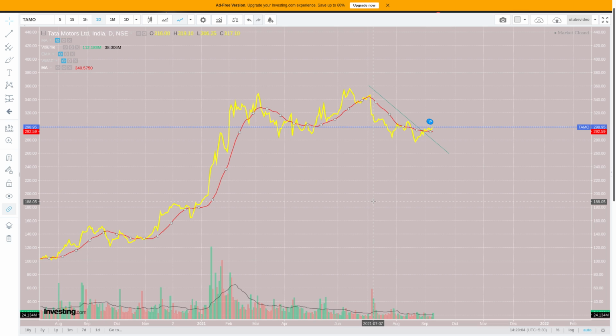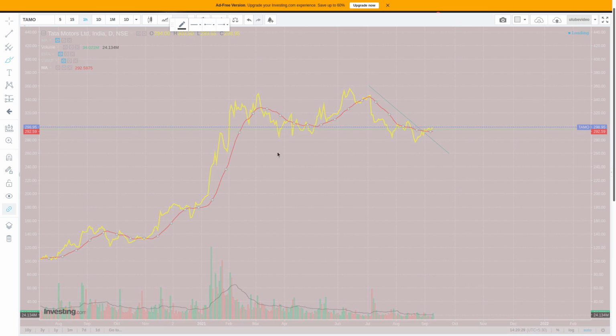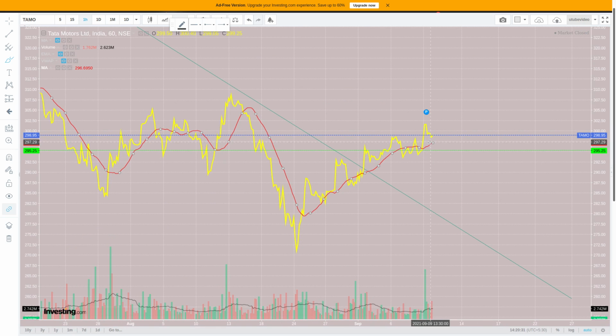And by understanding I don't mean which mathematical model, but rather the implications of that mathematical model, right? So here we are seeing on Tata Motors, we are on a daily chart. We can see that 292.6 on a daily chart is the simple moving average of Tata Motors, and it's trading at a 299 price range, and as a result of which it's above the 20 simple moving average, right?